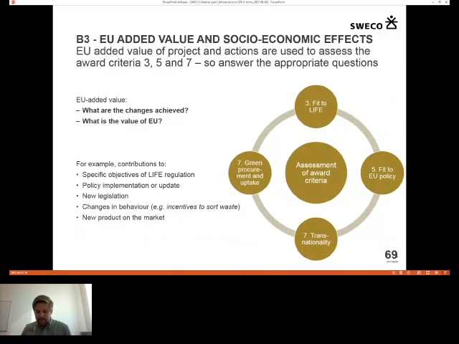Award criteria 5 is basically the fit to EU policy. Here you need to go through how your project contributes to different directives and regulations from the European Union, basically to put it into a larger strategic context.